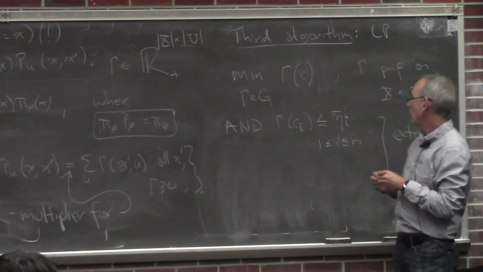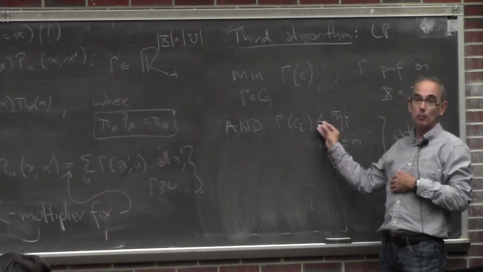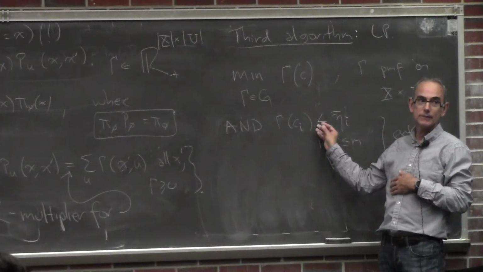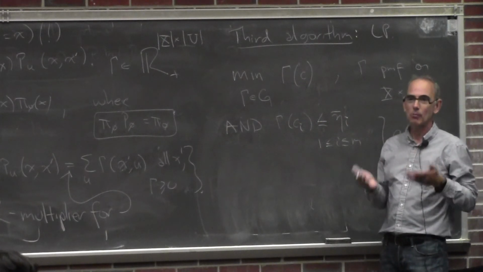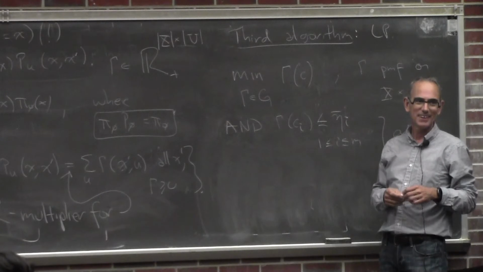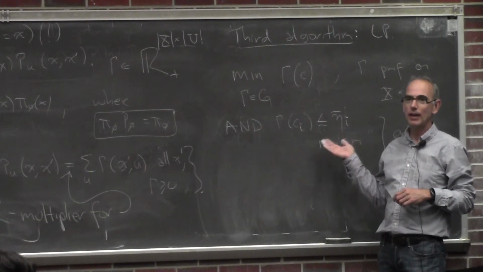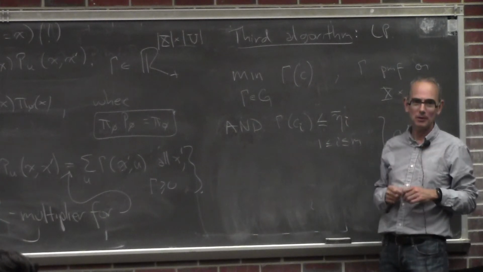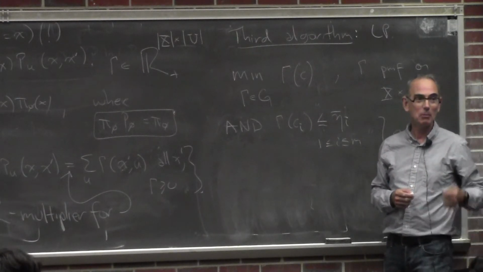It's the fact that when I solve this, typically many of these will be equalities. And the only way to get an equality is by doing some randomization. It's basically that in order to get feasibility, I actually have to take a bit of you and a bit of you in order to make this work. Is this a valid policy? Yeah, why not? I'll just have to flip a coin.